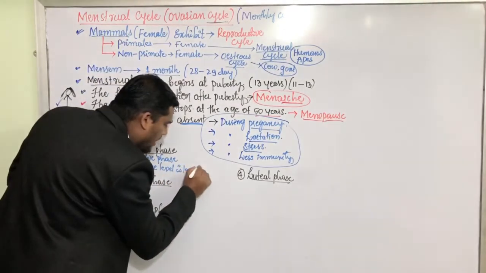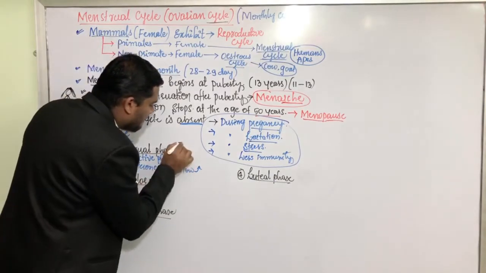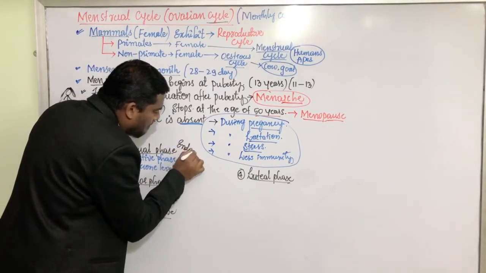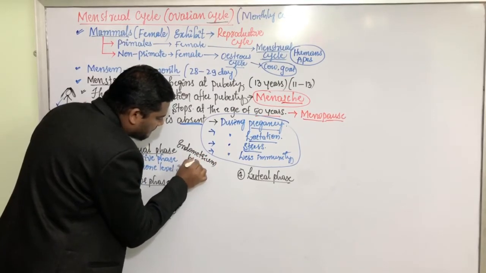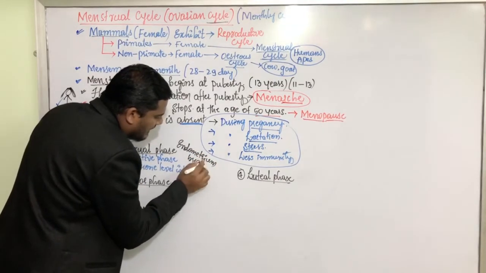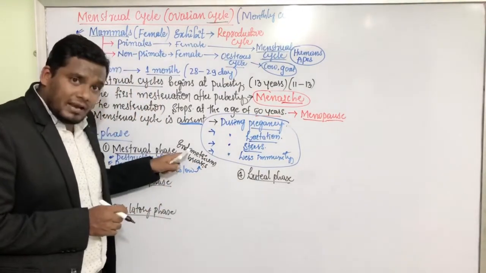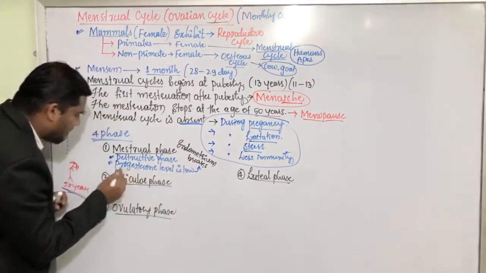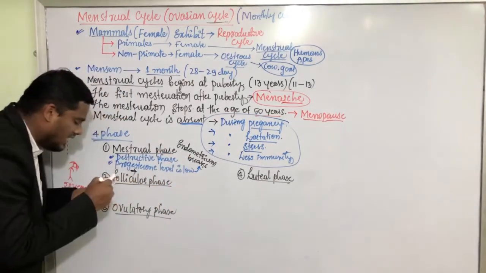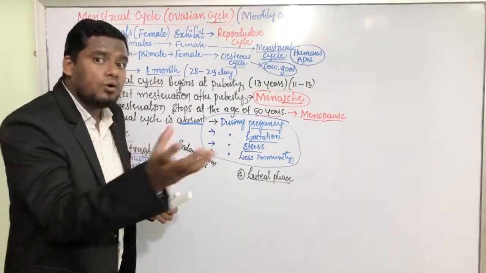Due to this low level of progesterone, the endometrium breaks. अब एंडोमेट्रियम लेयर टूट रहा, ब्रेक हो रहा. जैसे ही एंडोमेट्रियम लेयर ब्रेक हुआ, there is a vaginal bleeding. वेजाइना से ब्लीडिंग होना शुरू हो रहा.